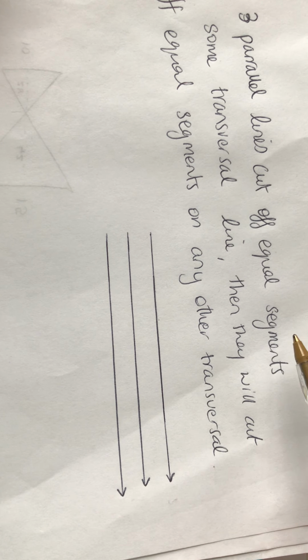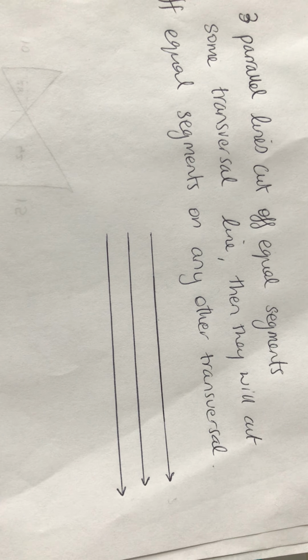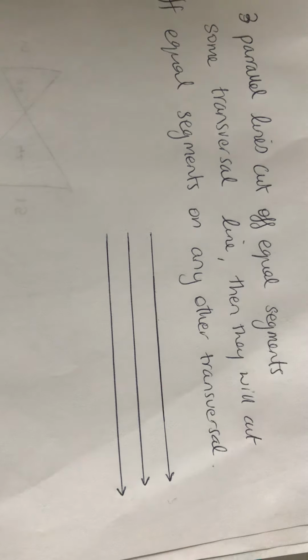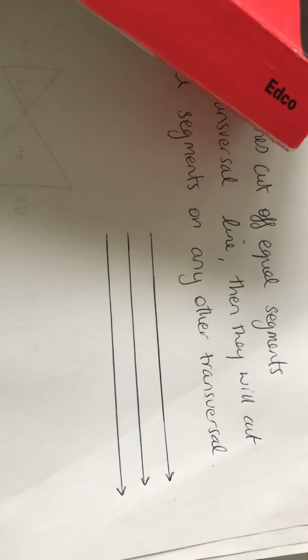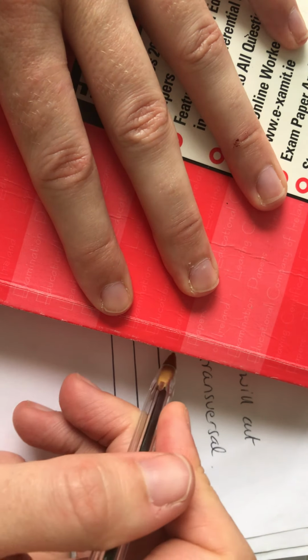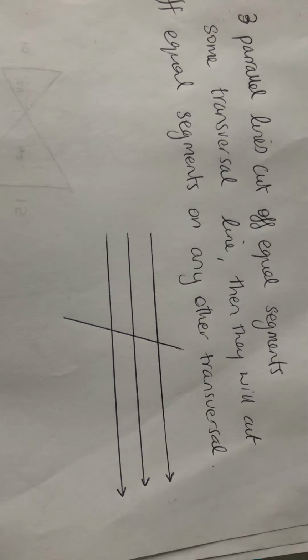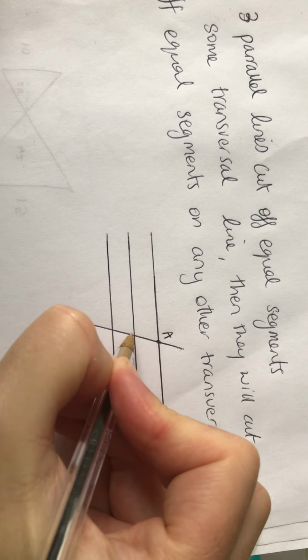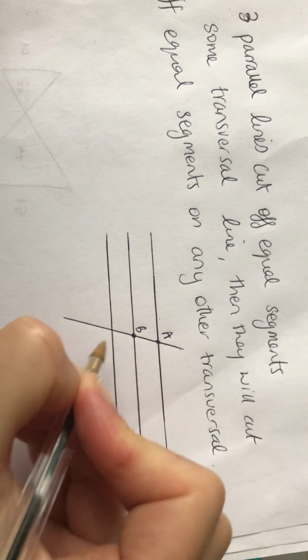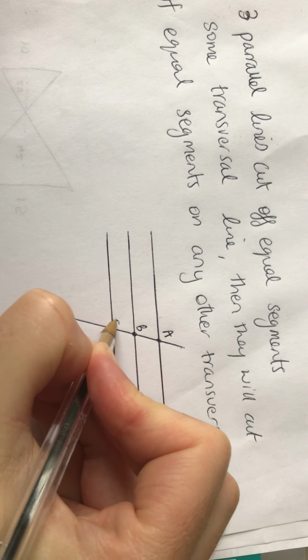You have three parallel lines and they cut off equal segments on some transversal. So let's just draw in any transversal. Let's go this way. I'm going to label that point A, that one B, and that one C.